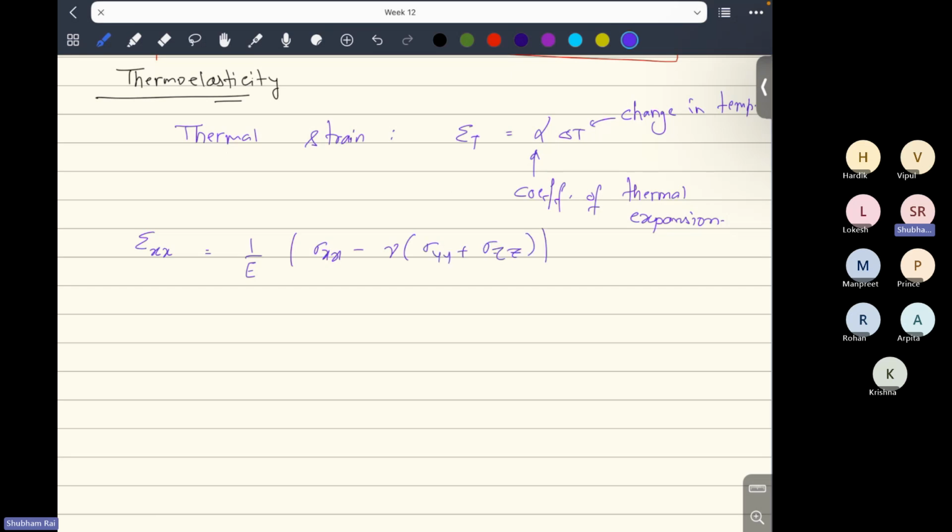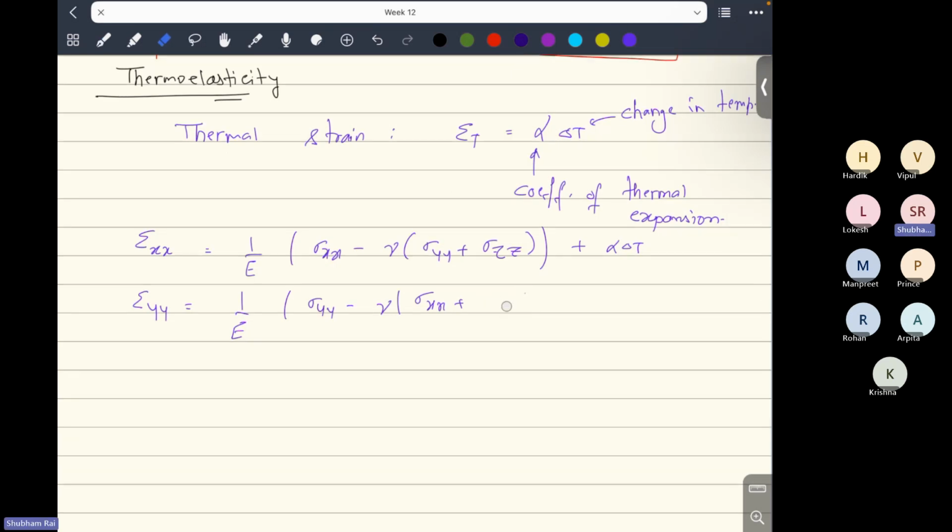Apart from this strain due to stresses, there will be additional strain due to temperature, so that will be plus alpha delta T. Similarly, epsilon yy is 1 over E times sigma yy minus nu times (sigma xx plus sigma zz), plus alpha delta T, right?